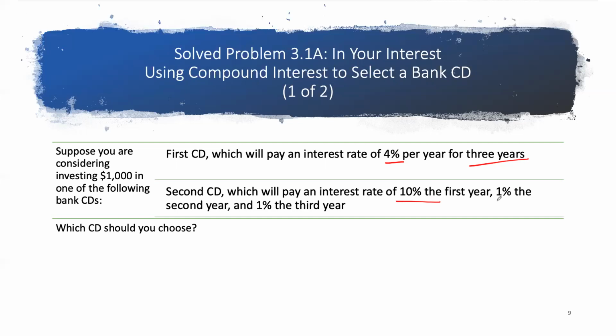But then the interest rate drops to 1% in the second year and 1% in the third year. So both of them have the same maturity. You're going to lock up your $1,000 for 3 years. In the first case, you're going to earn 4% per year for 3 consecutive years. And in the second CD, there's a big sign up bonus where you get 10% for the first year, and then the interest rate drops to 1% in the second and the third year. And the question is, which CD should you choose?